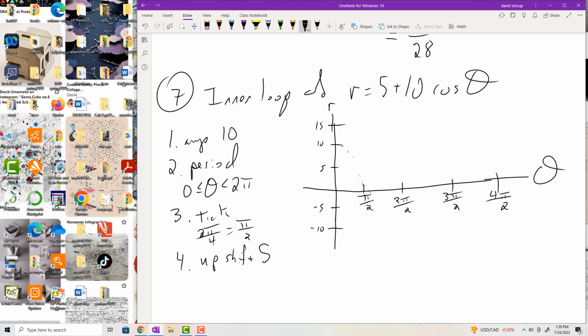So originally, it's this curve, right? But then there's a shift up by 5. So it's going to change the center from being the theta axis to this line right here, r equals 5. And it will take the whole graph and shift it up like that. So now it's going to go through here and then bottom out at -5 here. And it's going to go through over here, and then top out at 15.